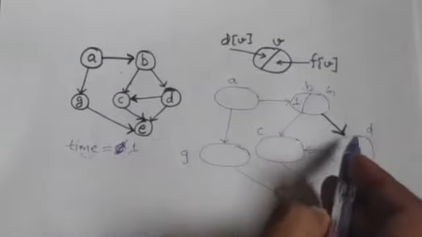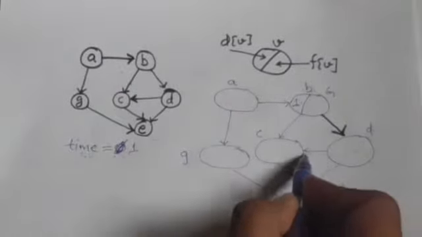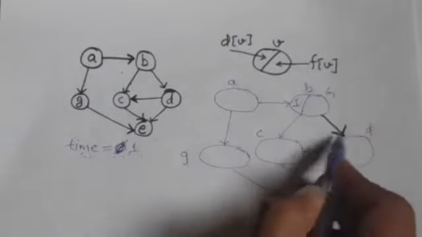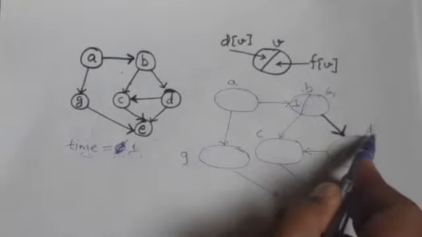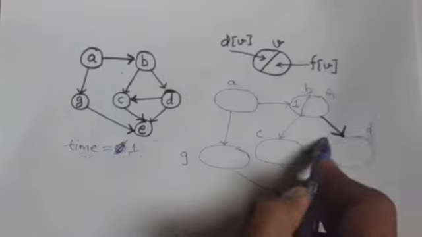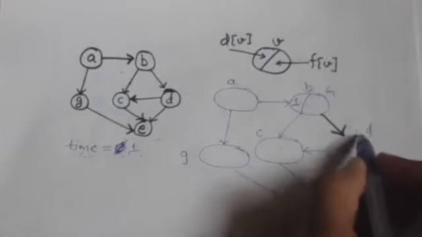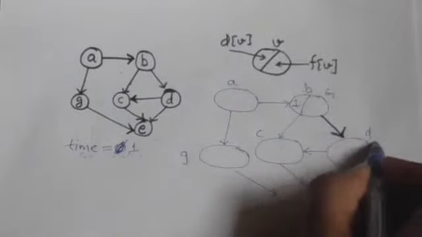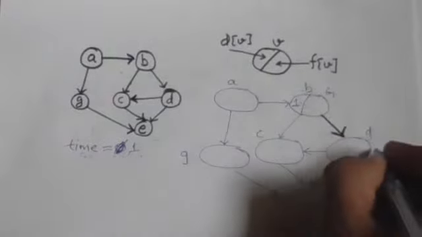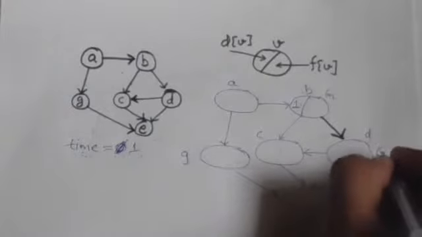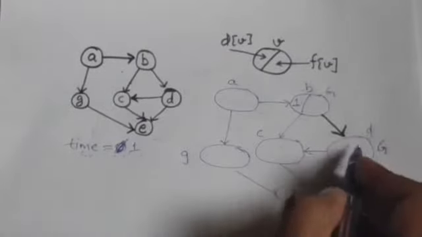Now we will call depth first search visit function on vertex d, right? So when we call depth first search visit function on vertex d, what will happen? Color of this white vertex d will be changed to gray, right? It will become a gray vertex.